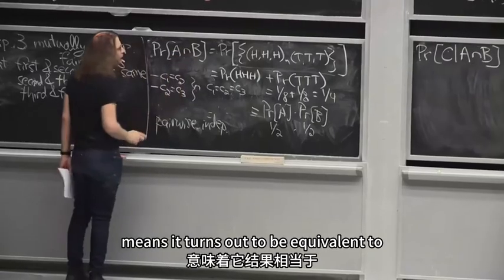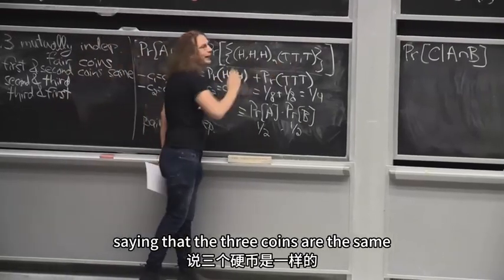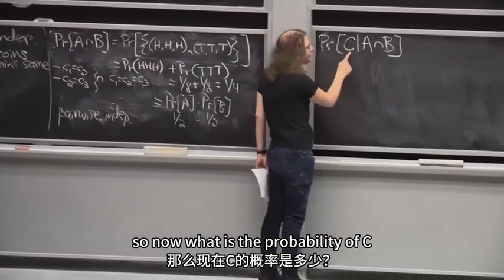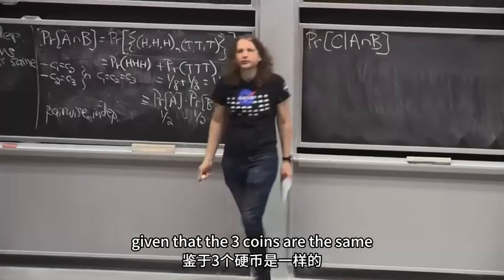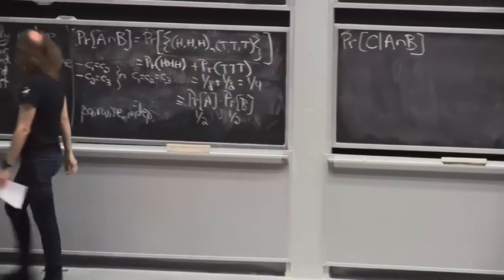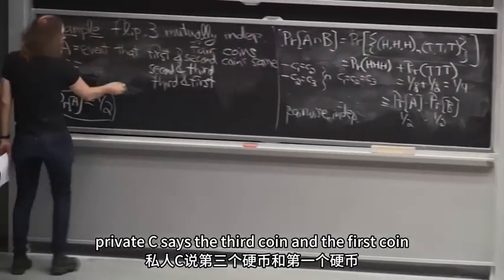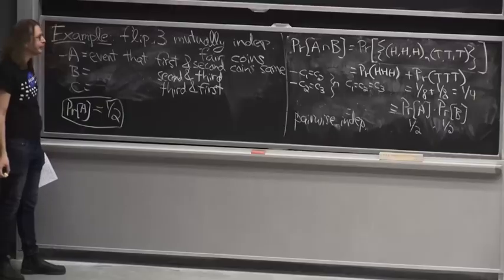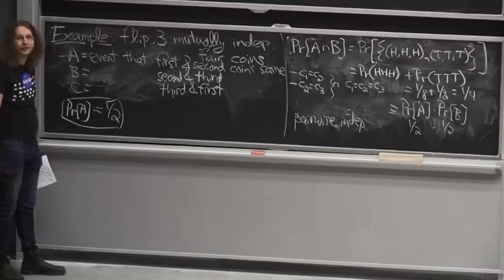It turns out to be equivalent to saying that the three coins are the same. So now, what is the probability of C given that the three coins are the same? C says the third coin and the first coin are the same. So what's this probability?